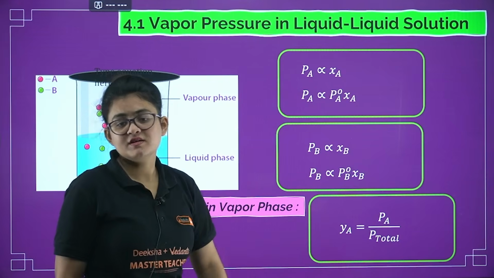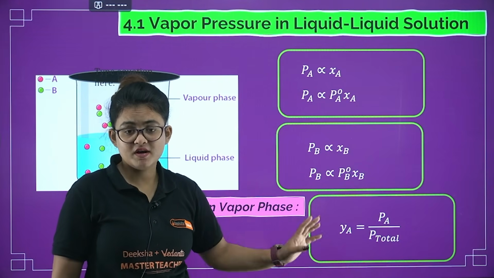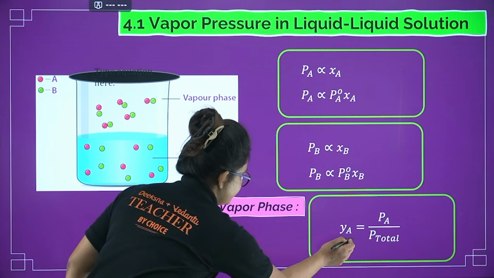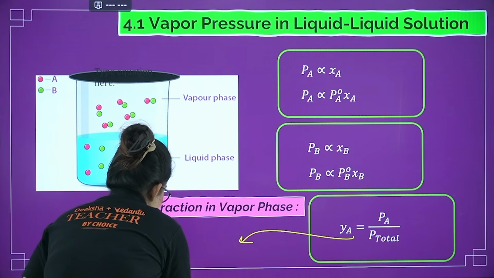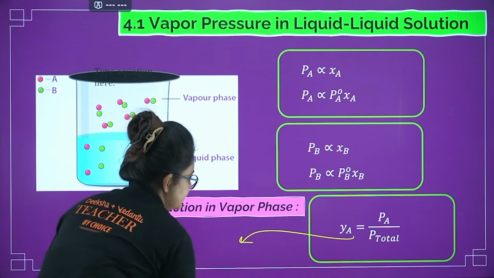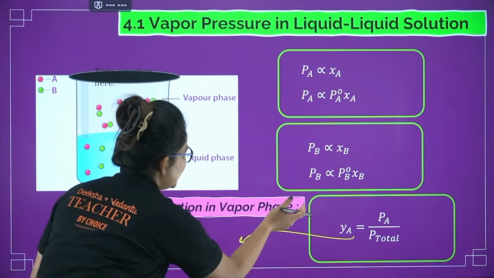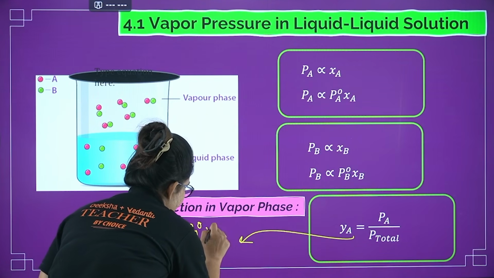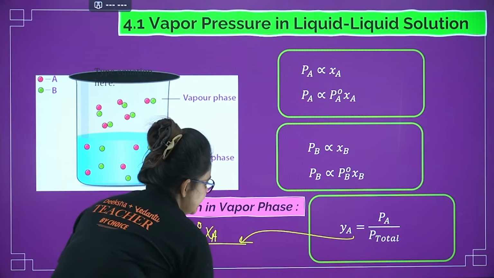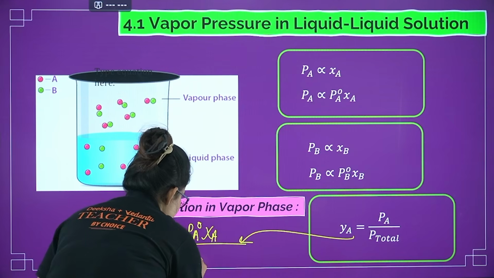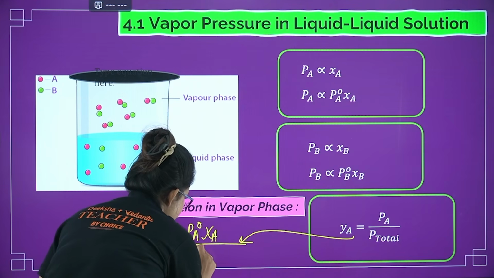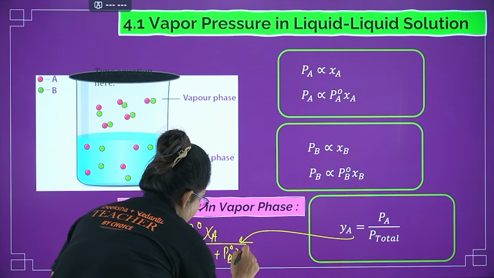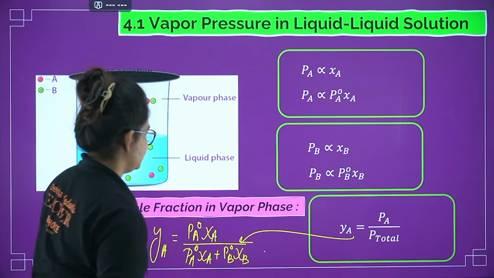YA is the vapor phase composition of A. How should I write it further? YA can be written as PA. PA I can write as PA0 of XA divided by the total pressure. Total pressure I can write from Raoult's law, PA0 of XA plus PB0 of XB.